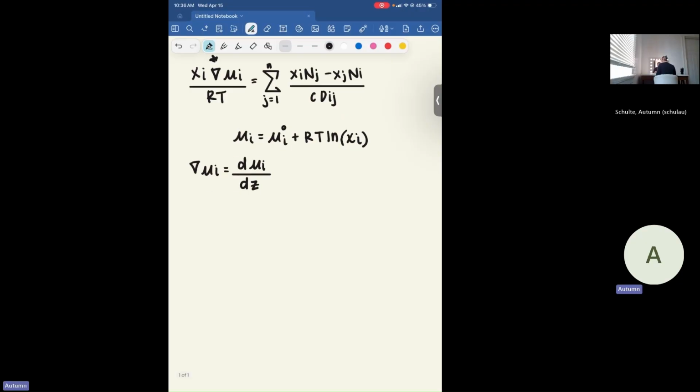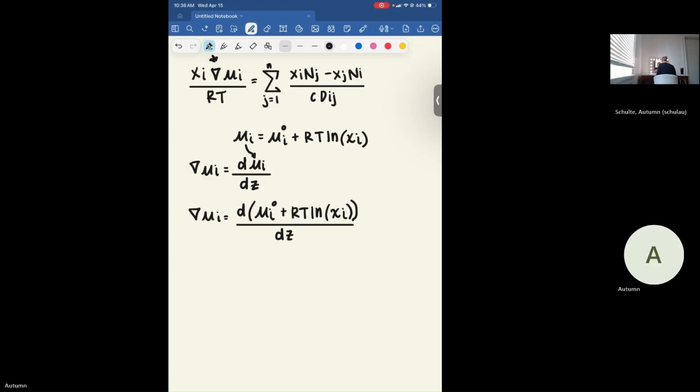I'm going to say this is position Z. Now we can plug in our value that we just found for our chemical potential. So our gradient of our chemical potential is equal to the derivative of the chemical potential at standard state plus our gas constant R multiplied by T multiplied by the natural log of the mole fraction of component I. And this is with respect to our position Z.